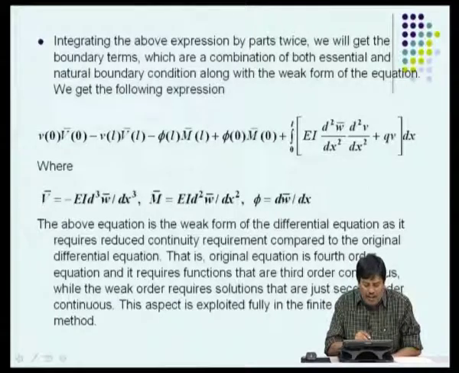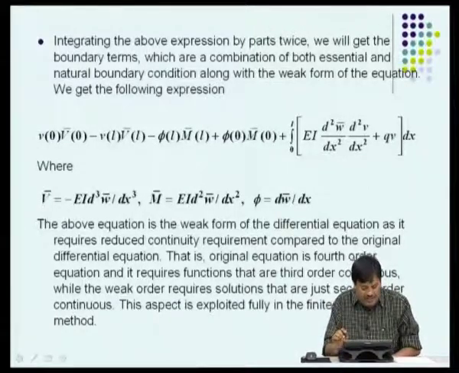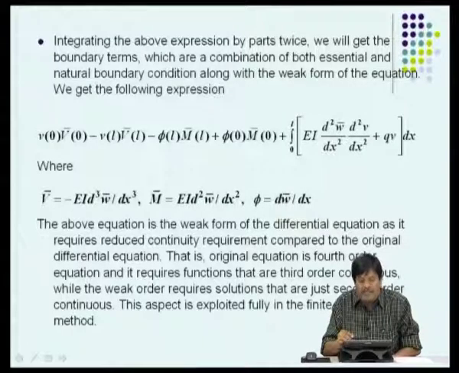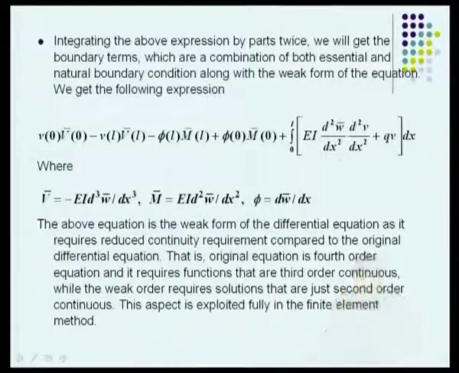So, the above equation is called the weak form of the differential equation, as it requires a reduced continuity requirement. Let us see what it is. In the original, the highest derivative is d square w by dx square here, whereas the strong form had d4 w by dx 4. So, for any assumption we need to have at least the fourth order derivative exist. We have a stronger continuity requirement for the strong form.